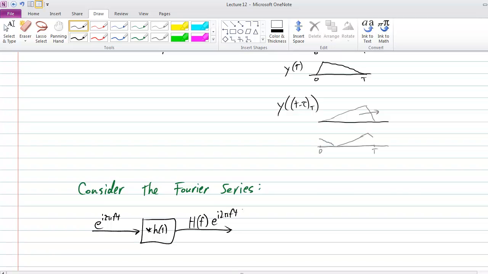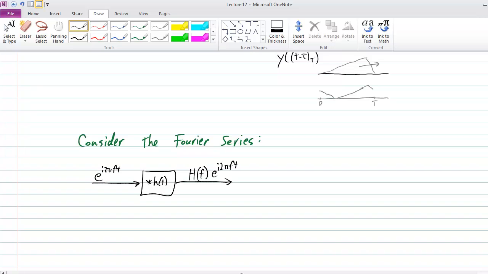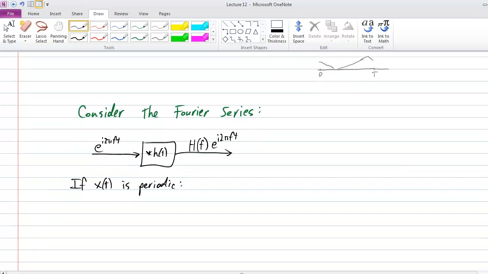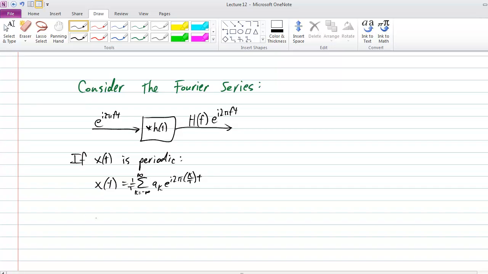So that was what we did first, and then we said, notice that if x is periodic, then x of t equals this sum, the Fourier series. Now with the 1 over t up there.